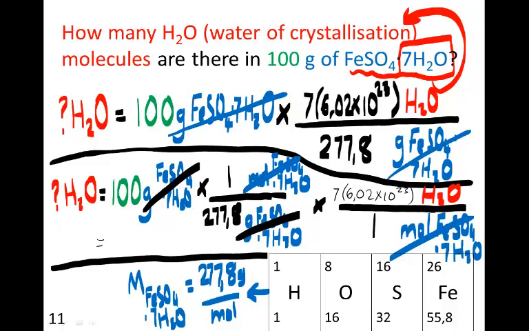So these two methods are really the same thing. It's just that here we split this one step up into 2, which might be helpful. If it is, use it. If not, don't worry. And both answers give us the correct answer of 1,52 times 10 to the power 24 water molecules.